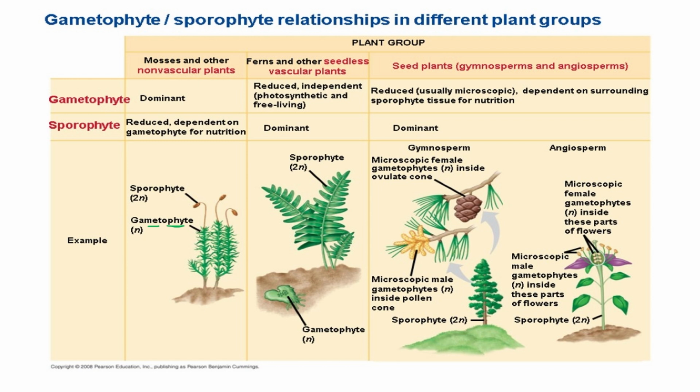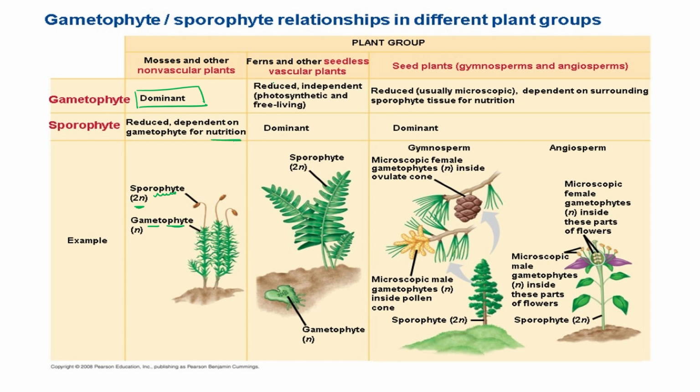This is the main plant body, and it contains the sporophytic form, which is 2n. So gametophyte is the dominating phase in bryophytes, while the sporophyte is reduced and dependent on the gametophyte for its nutrition.